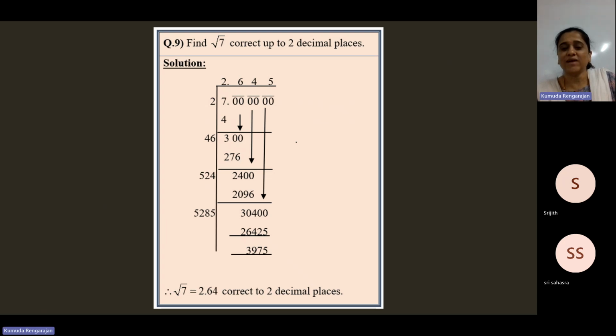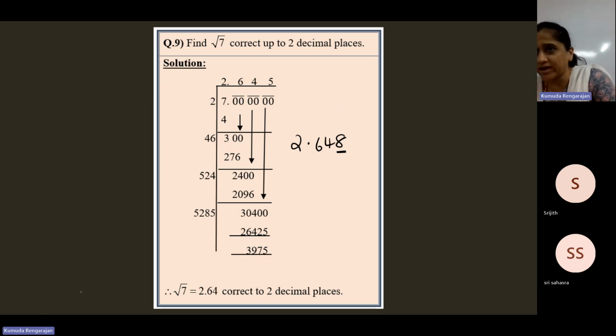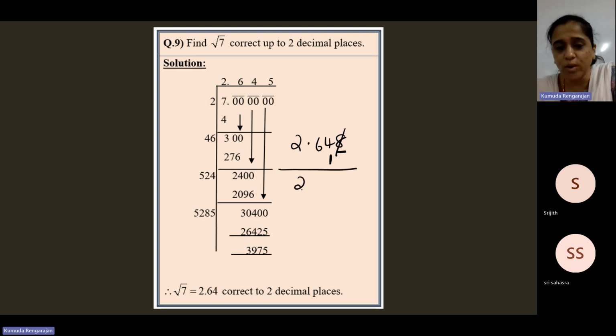See, I want to repeat this. If the quotient were 2.648, now this digit, if it is more than 5, you must take it away and increase the earlier digit by 1. So it will be 2.65.